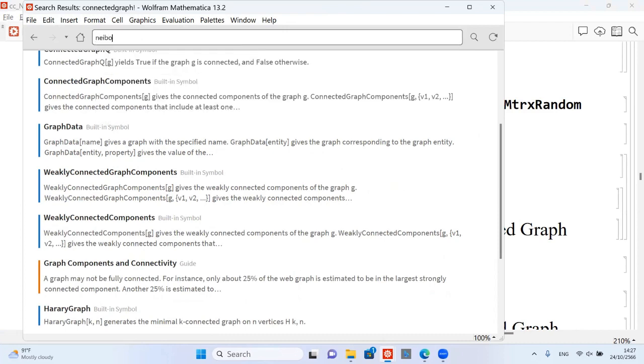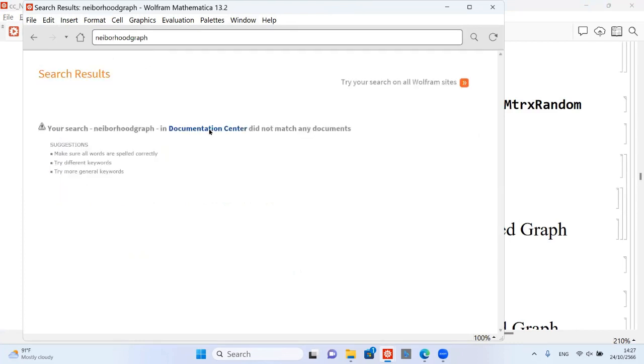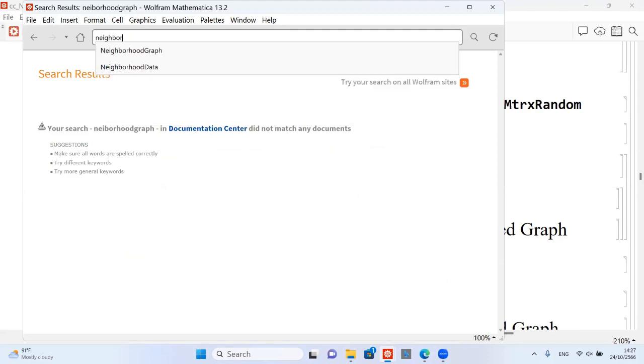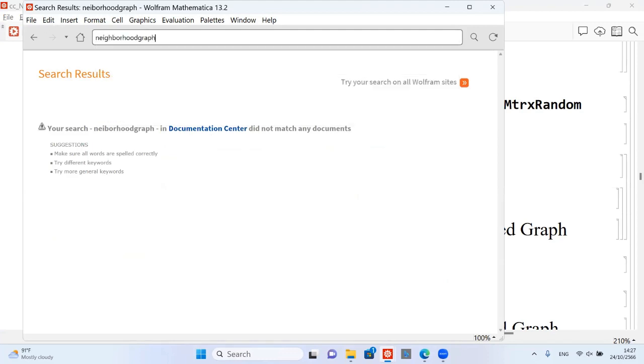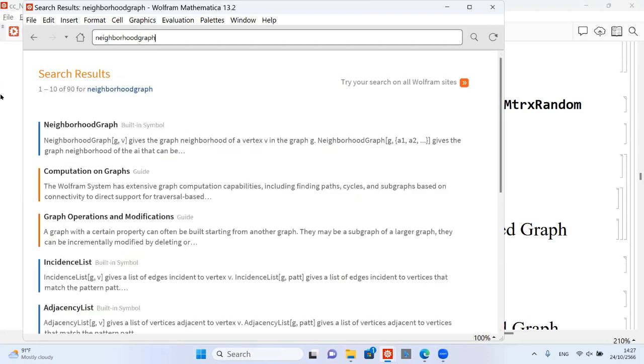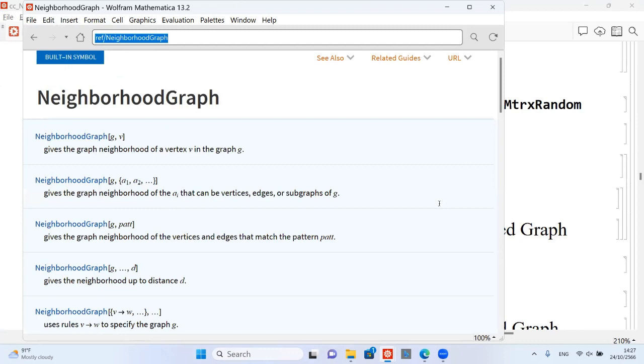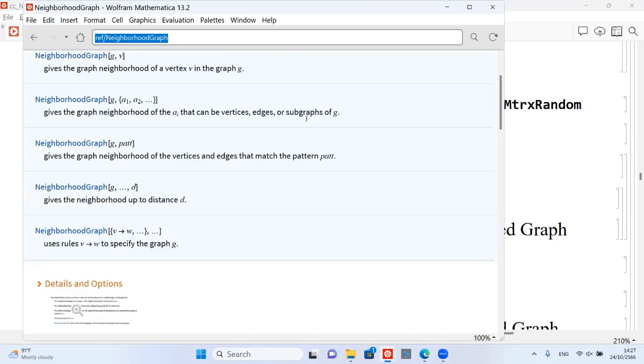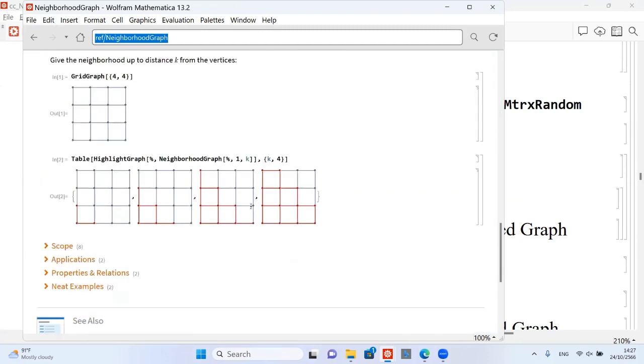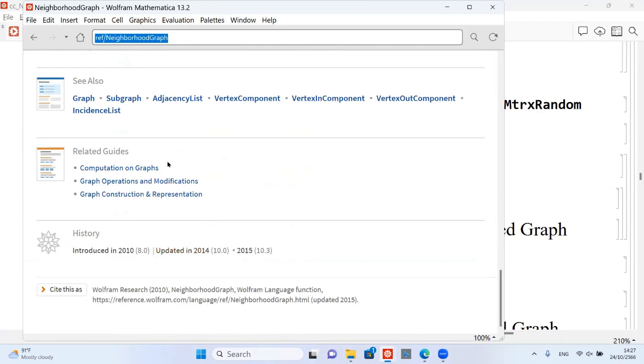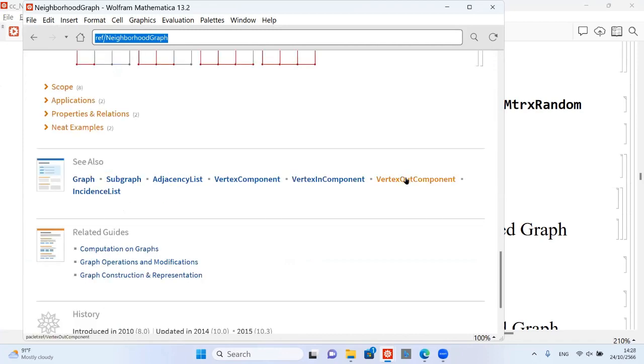Neighborhood graph, I guess. See what comes up. Ah, there you go. Neighborhood graph. This is very clear. This is an analog, a graph. Graph plot.